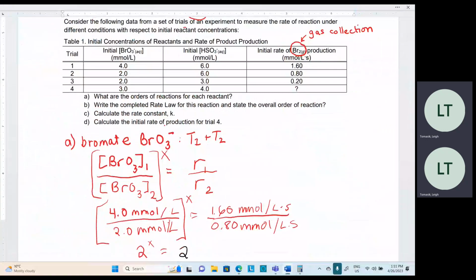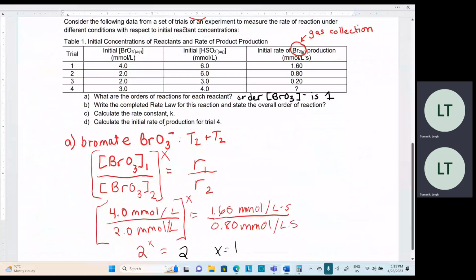So 2 to what exponent gives us 2? The order with respect to bromate is 1.